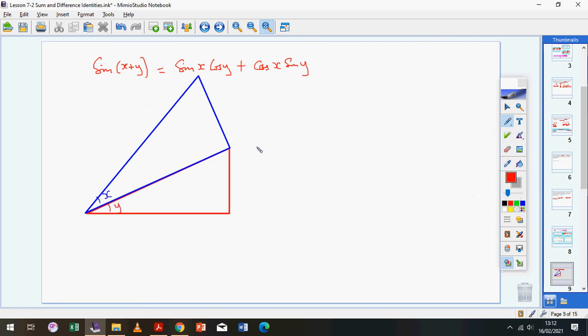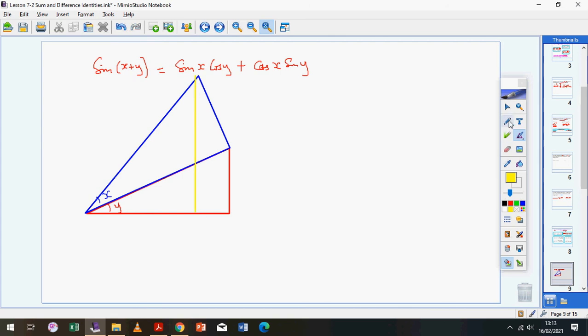Alright, so I have those two angles. Then I also have a vertical line dropping down from the top of this blue triangle to the bottom of this red triangle. Is that a bright yellow line?